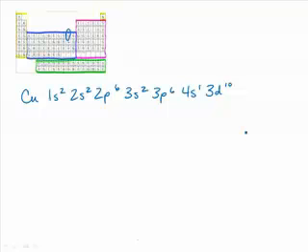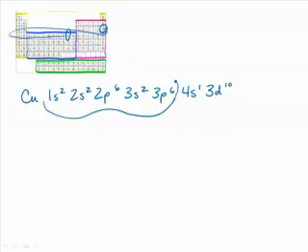There is a way that you can abbreviate. Remember how I said the pattern is always the same. So if I go for copper, if I go backwards to the nearest noble gas, right there is argon. If I were to do the electron configuration for argon, it would look like this.